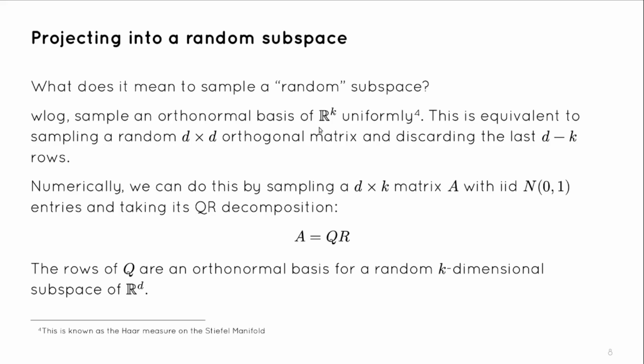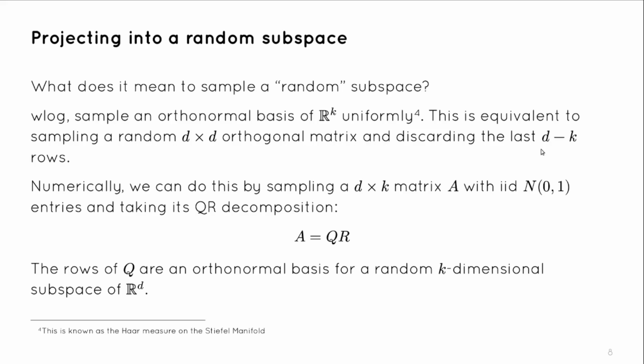Okay, cool. So to sample a random subspace, we can sample a random orthogonal basis, and mathematically this can be done by sampling from what's called the Haar measure on the Stiefel manifold. Don't worry if this goes over your head. Basically, we need to sample a random d times d orthogonal matrix and discard the last d minus k rows.